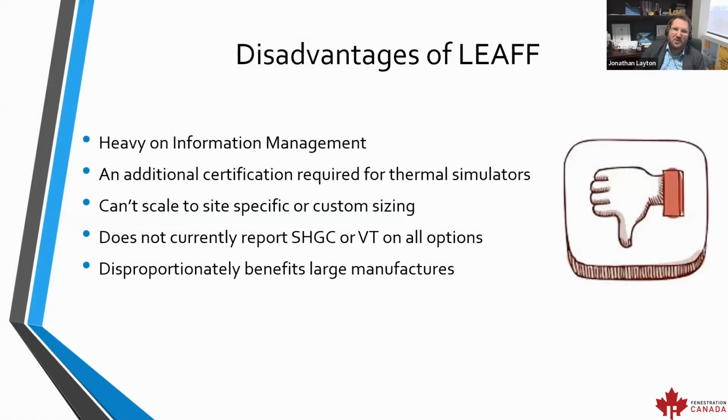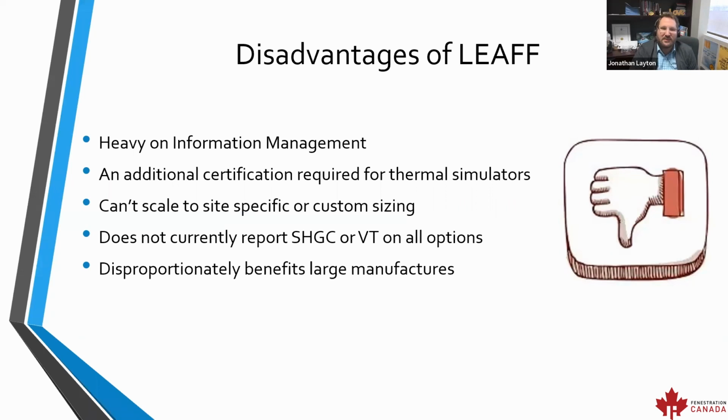And I know most of the time you want to start off with the advantages and build it up, but there are some disadvantages of LEAFF, in our opinion. One is it's heavy on information management. You can imagine when you have 24, 35 trend lines, the naming of trend lines is something we can create, but we prefer to have the client tell us how they want it, because it can get really complicated really quick.